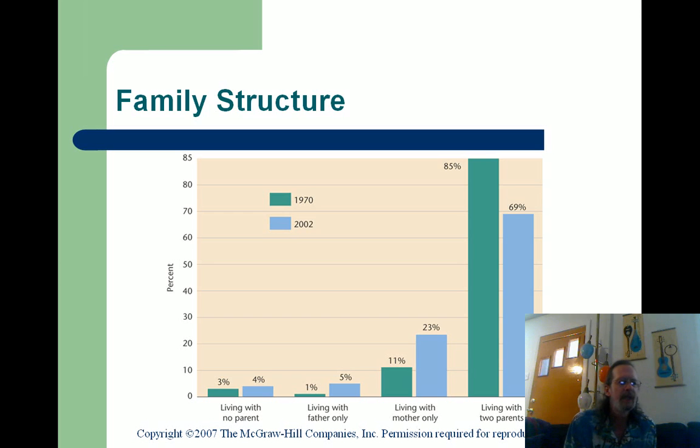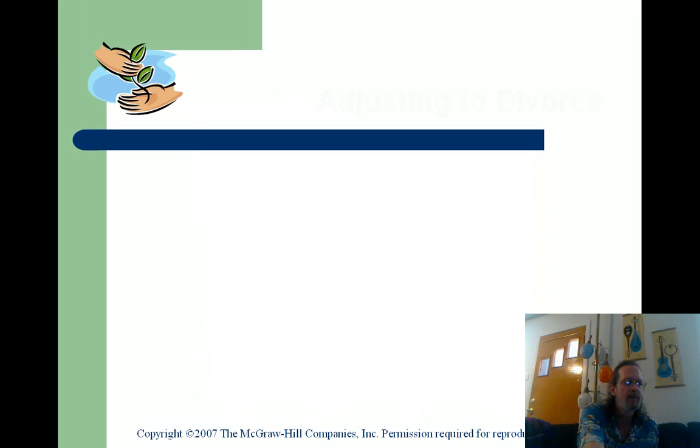As this shows, in 1970, 85% of children were living with 2 parents. Now that's down to 69. I think we can drop that down even further. In fact, I heard just recently that about 50% of households are now not the actual biological mother and dad living together with the children.